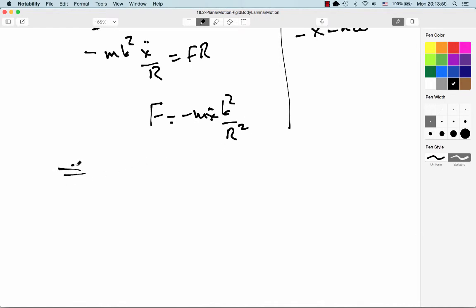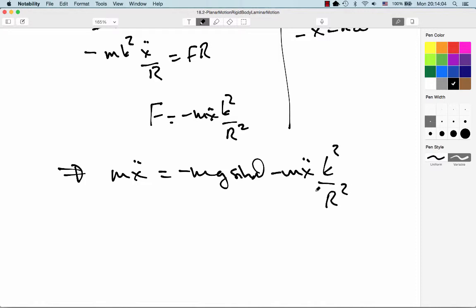So Newton's second law becomes m x double dot equals minus mg sine theta minus m x double dot k squared over r squared. And we can cancel all those m's away.